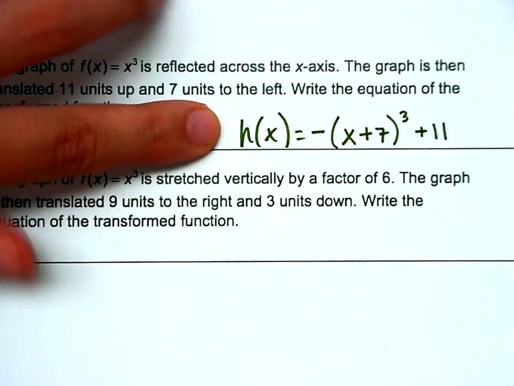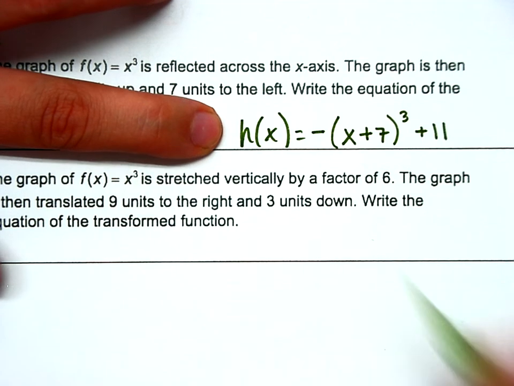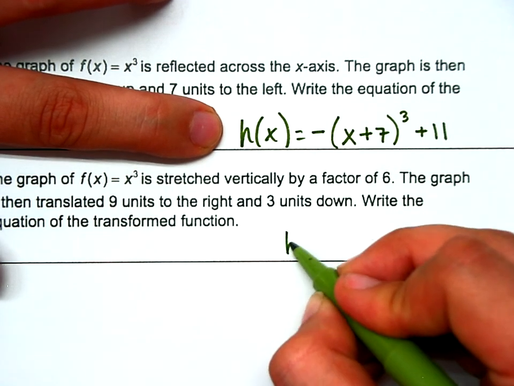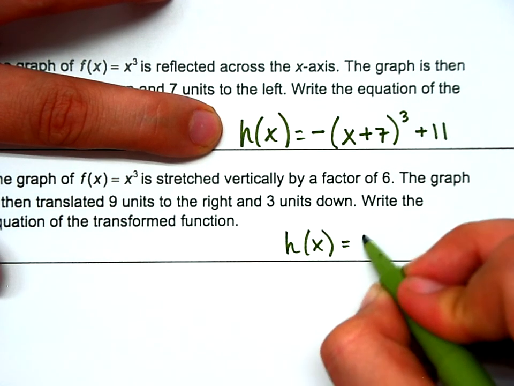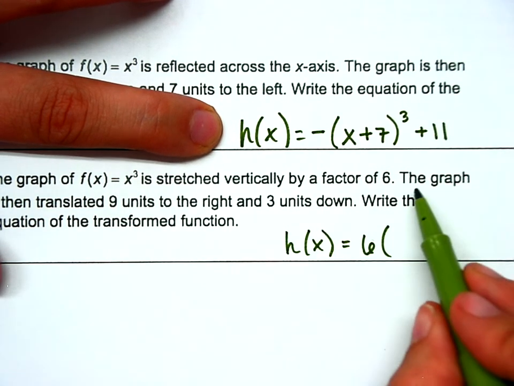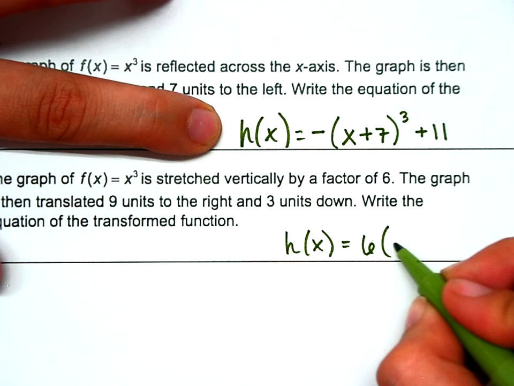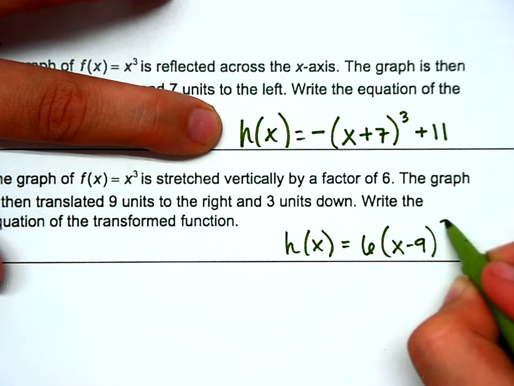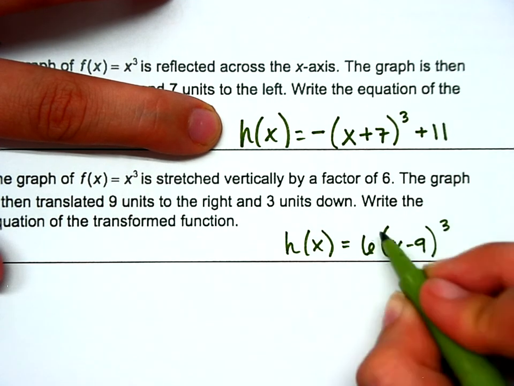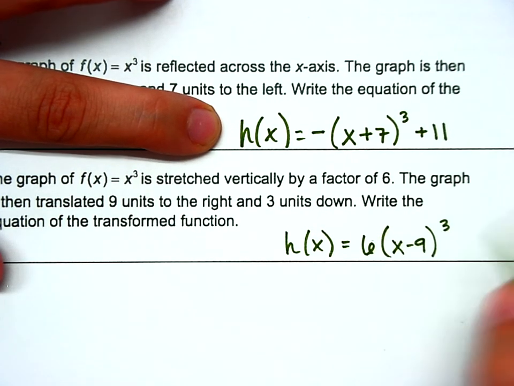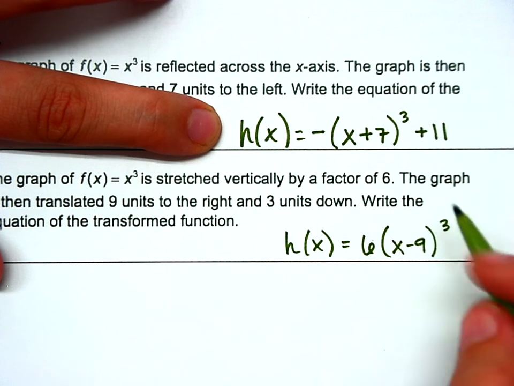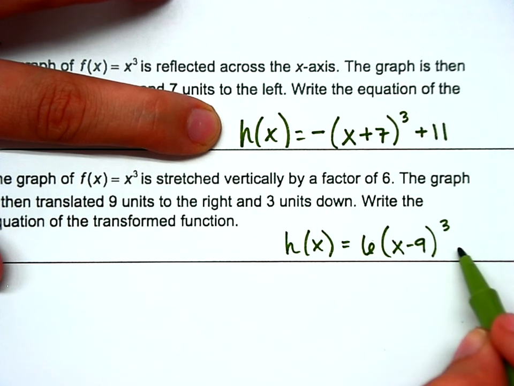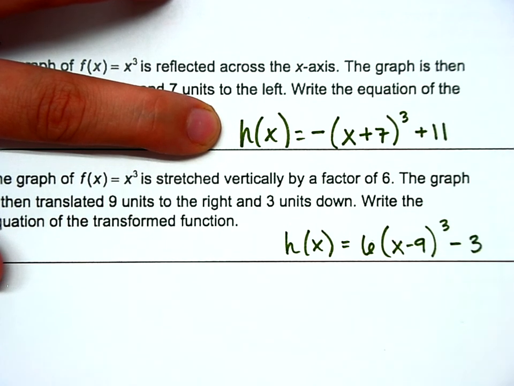Okay, for the next one, it says it's stretched vertically by a factor of 6, so we've got 6 on the outside, and then 9 units to the right, that's x minus 9. Notice the 6 is not cubed, it's not in the parentheses. And then we've got down, so minus 3.